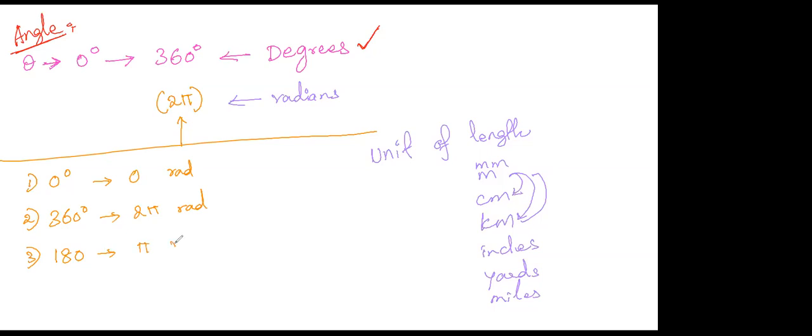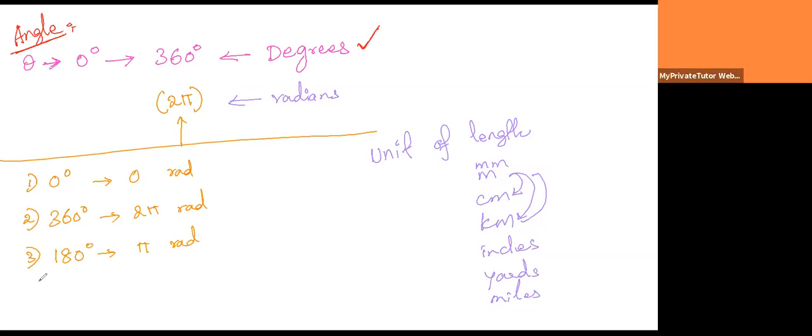Similarly, for 60 degrees, 30 degrees, 40 degrees, we can find the angle in radians.